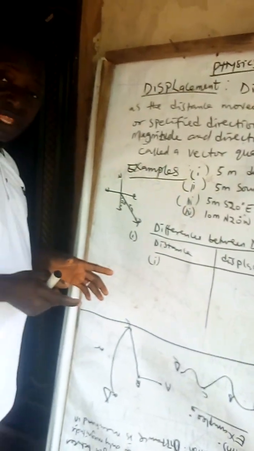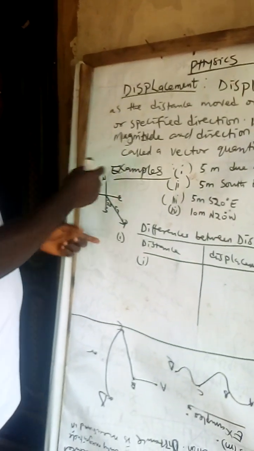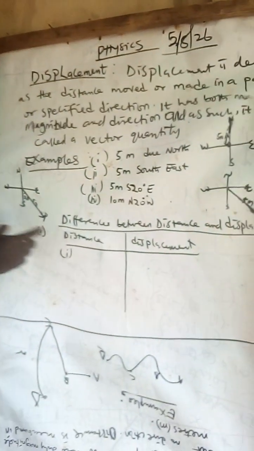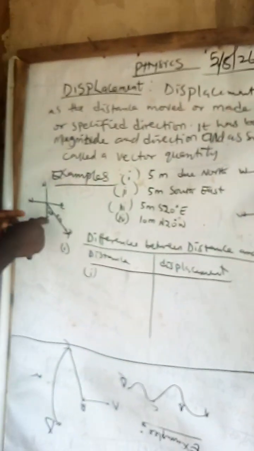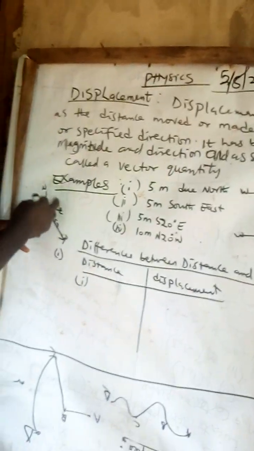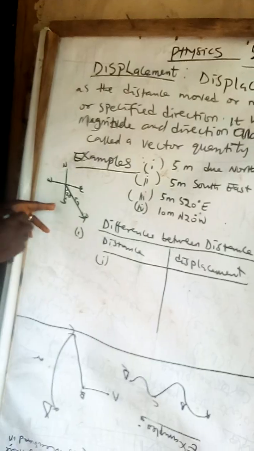Where is it? You don't say southeast in this case. You say east of south, that is compass bearing mode. East of north, backward. East of south, backward. East of north here, east of south here.